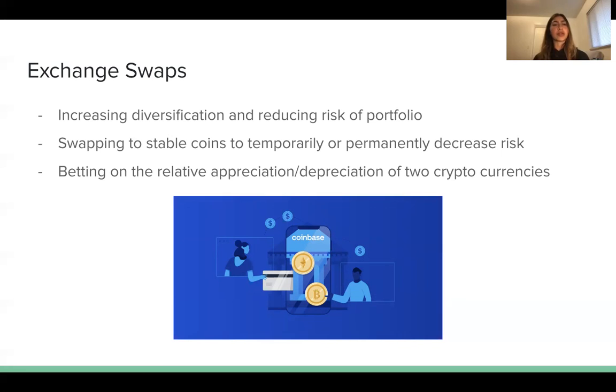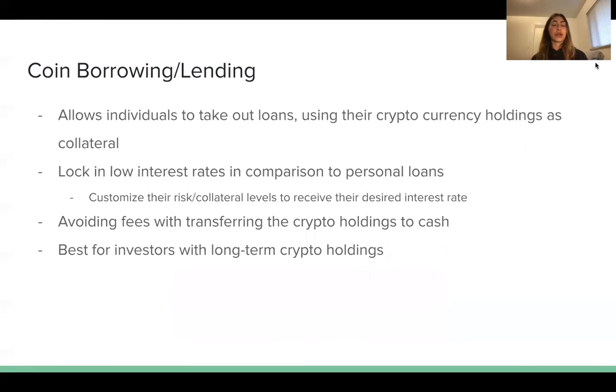The next product that we're going to talk about is coin lending and borrowing, where, like we talked about earlier, individuals can take out loans using their cryptocurrency holdings as the collateral. And the higher level of the collateral, the lower the rate that can be locked in. And because of the high risk of the collateral, which is the cryptocurrency, the rates on these loans are usually much lower than traditional personal loans.